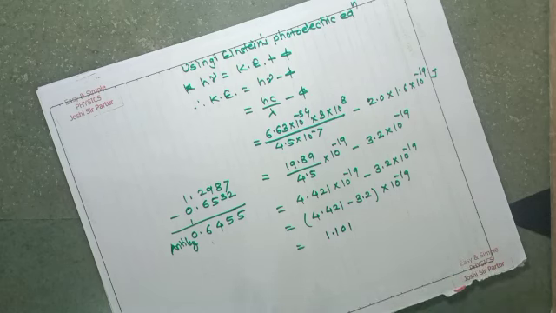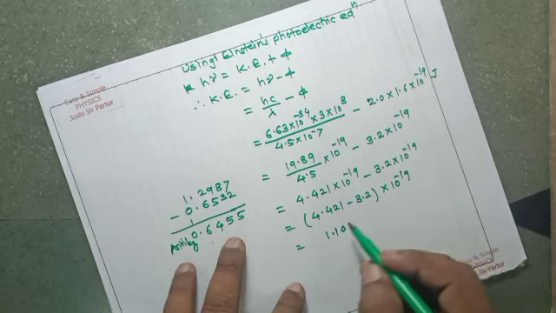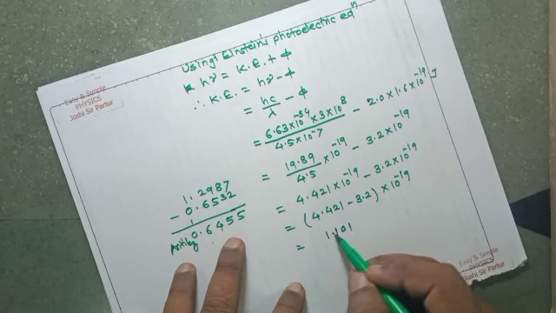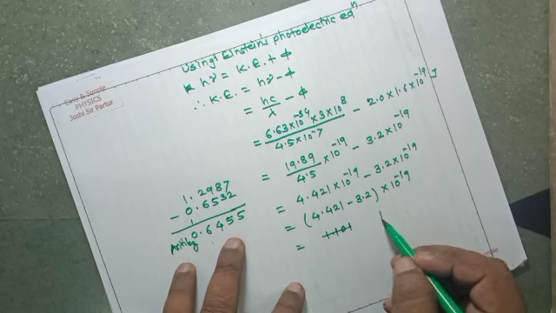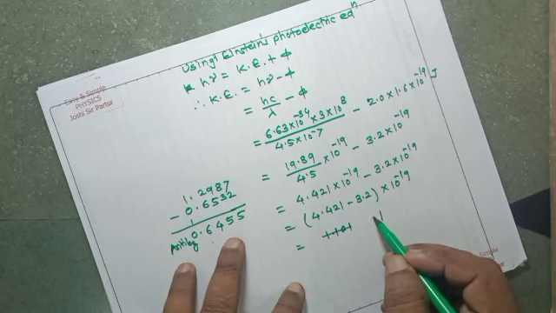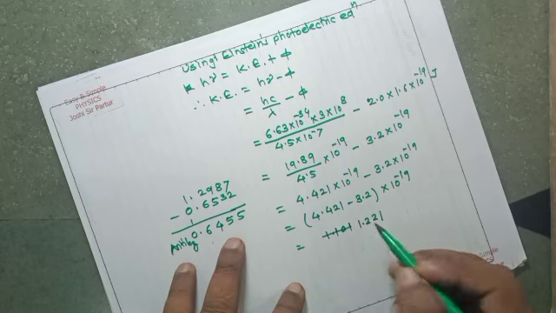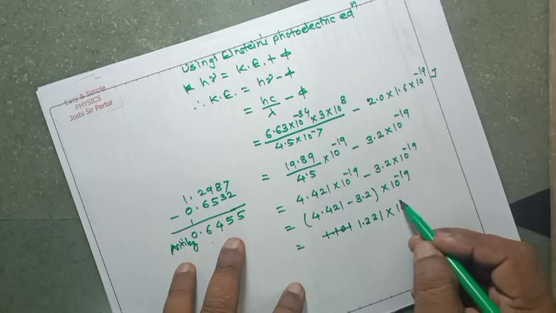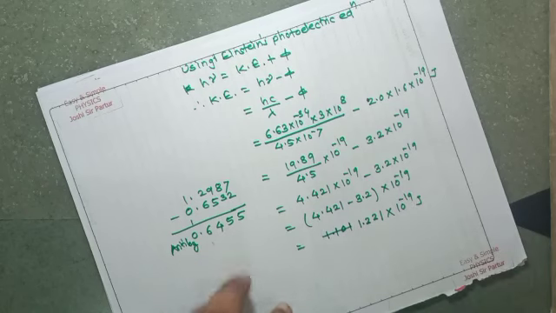So it is 1.221 into 10 to the power minus 19 joule.